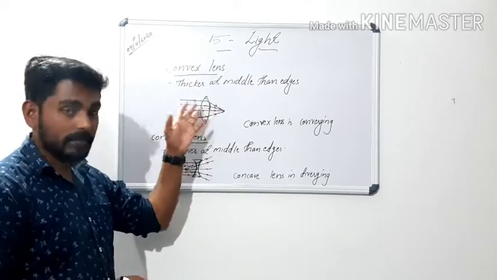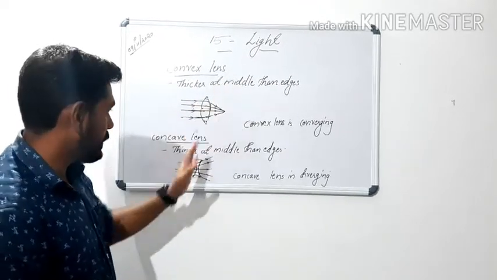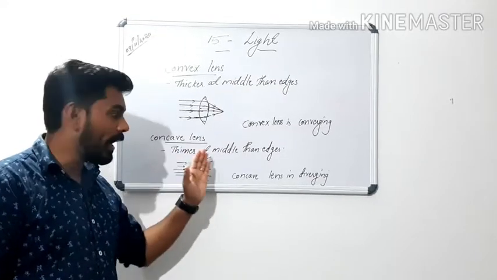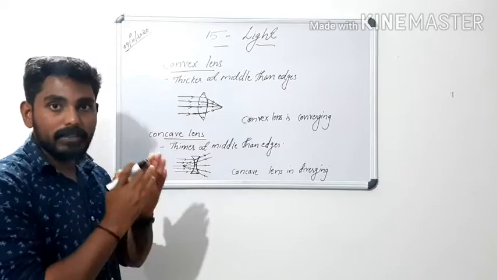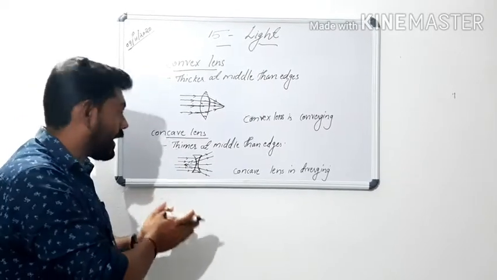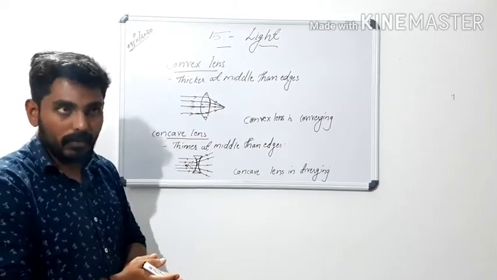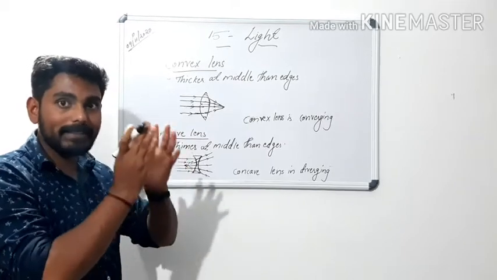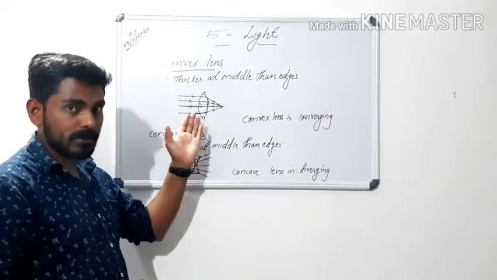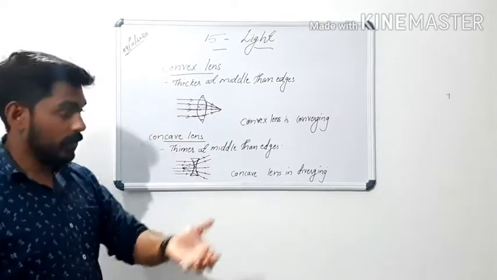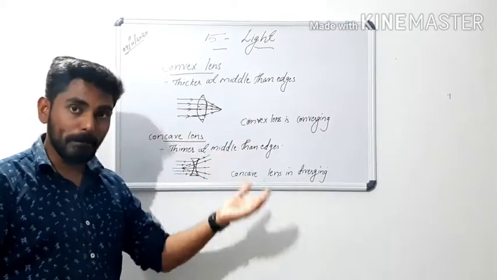In a convex lens, the middle is thicker and the edges are thinner; in a concave lens, the middle is thinner.